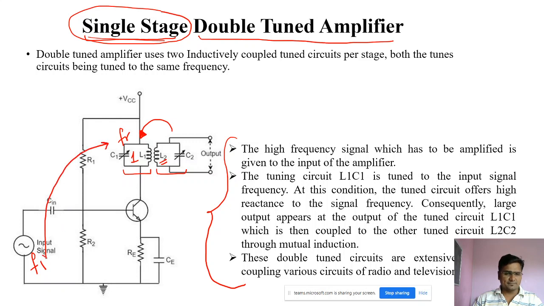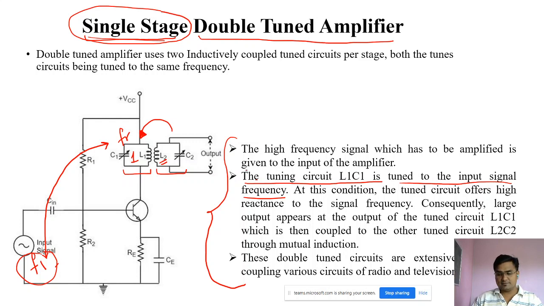When they match, here I have written clearly that tuning circuit L1C1 is tuned to the input signal frequency. Input signal frequency is F1. It means now I have to change this FR and make FR equal to F1. Then only F1 can be transmitted forward.